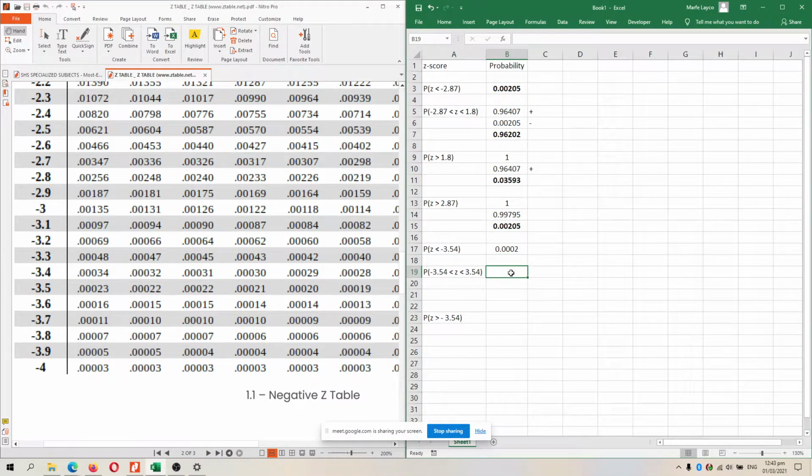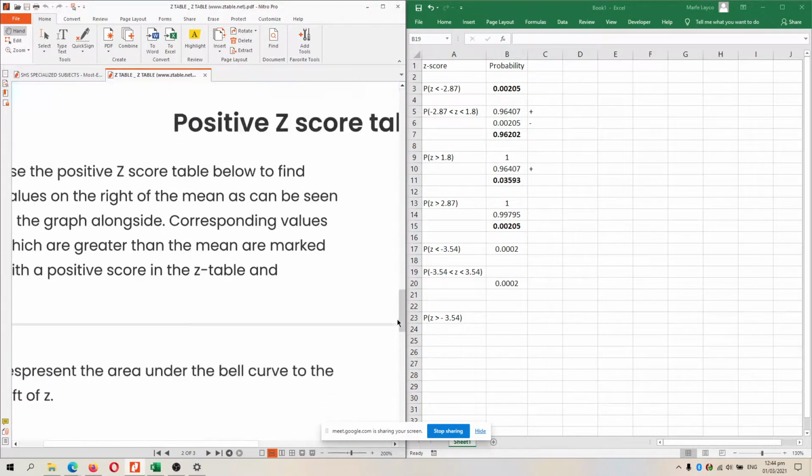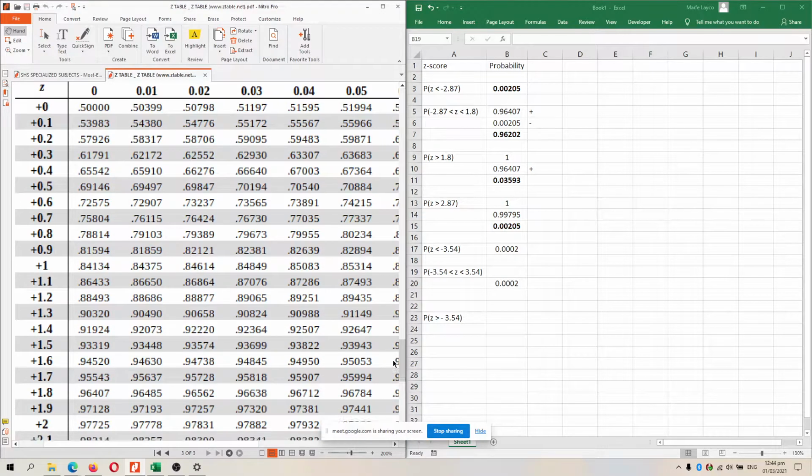So, next. Pupunta tayo dito. Kailangan natin makuha positive and then yung negative. So, that is between 3.54 and negative 3.54. Nakuha na natin yung negative 3.54. That is equivalent to 0.0002. Ano naman yung positive na 3.54? Punta tayo sa positive z-table.